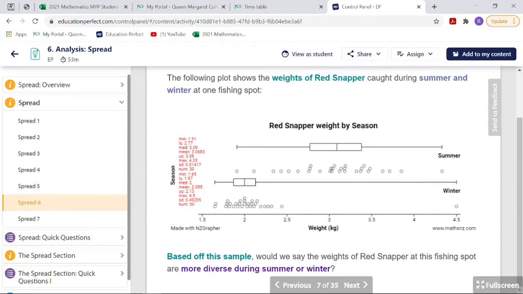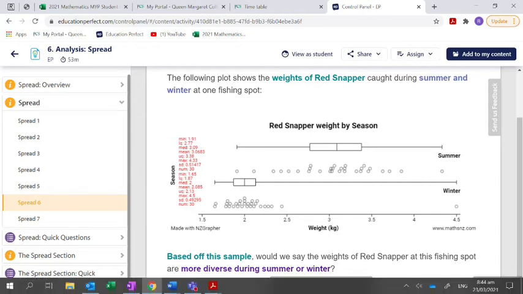They're very short, right? And if you look at the top one, you'll notice that that box is longer, isn't it? Well, that tells you just by looking at it, without even having the numbers, although, of course, you're going to have the numbers, I can conclude that there's more variability in summer than there is in winter. Right? Bigger box means more variability.